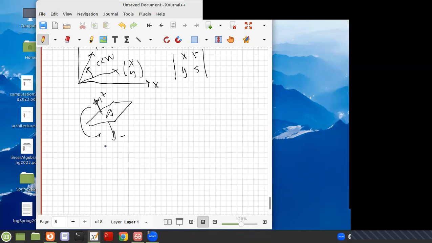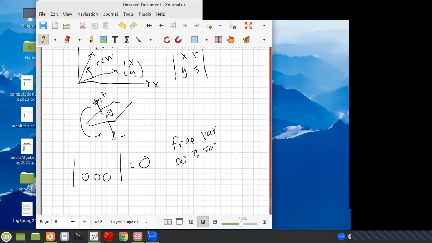Because only 2 of the 3 variables are going to be leading. That means that if I have a free variable, the determinant of that coefficient matrix is 0. So if I take some matrix and it reduces to echelon form with a 0 row, the determinant equals 0. That corresponds to there being a free variable, which means there's an infinite number of solutions, which means that this matrix is singular and has no inverse.